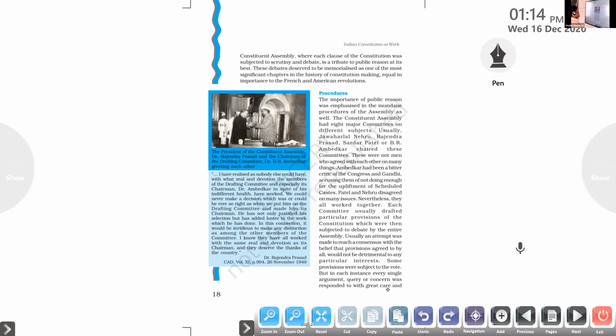These debates deserve to be memorialized as one of the most significant chapters in the history of constitution making, equal in importance to the French and American Revolutions. The creation of the Indian Constitution is almost like the French and American Revolutions, creating a new government and constitution for their own countries.